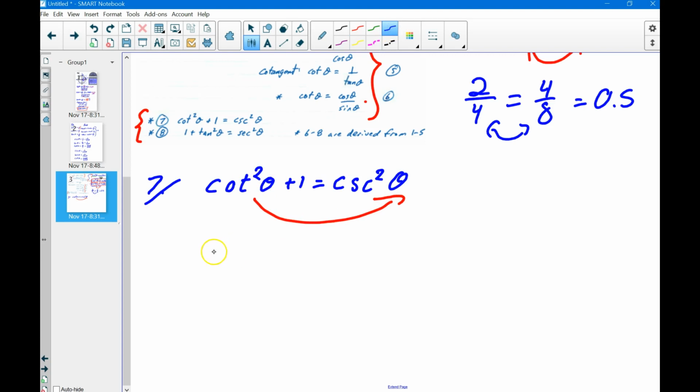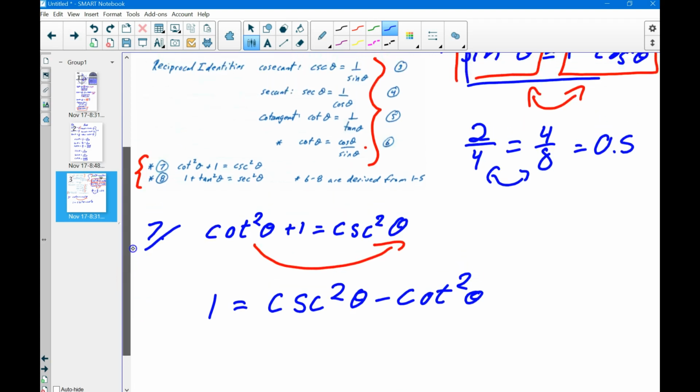We're going to have 1 equal to, this is just basic algebra, cosecant squared theta minus cotan squared theta. So let's look up here. Cosecant squared theta, cosecant being right here, is actually 1 over sine.